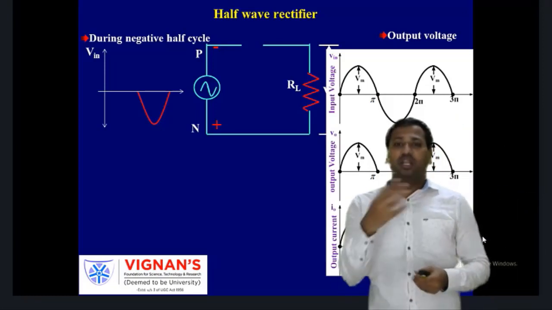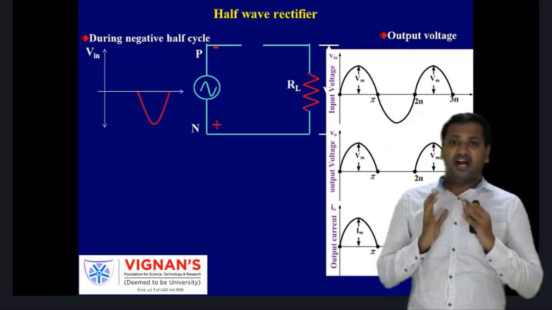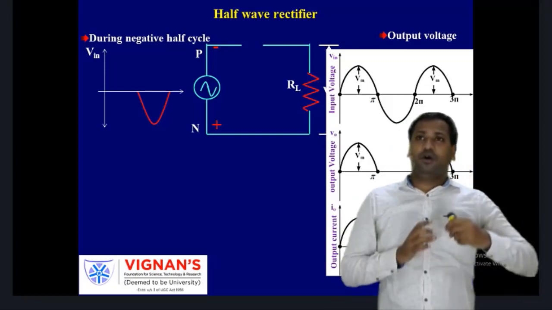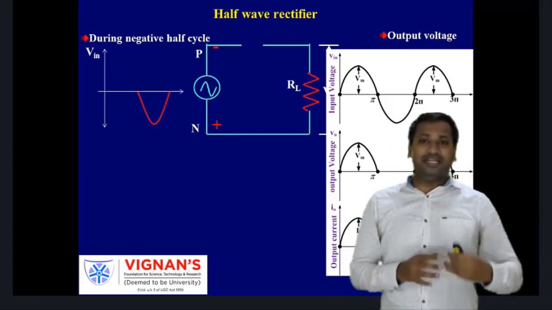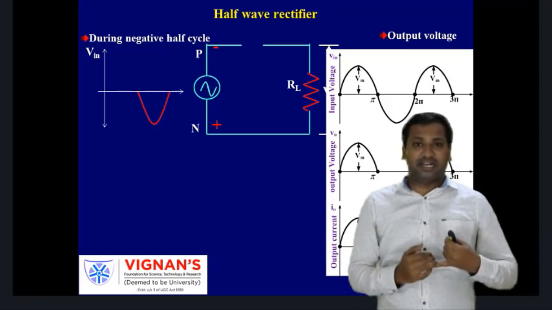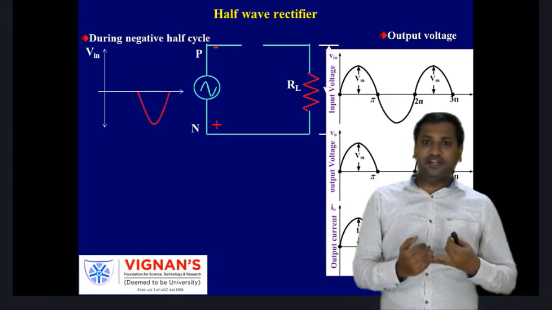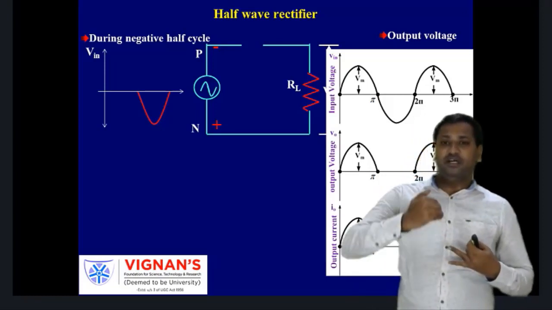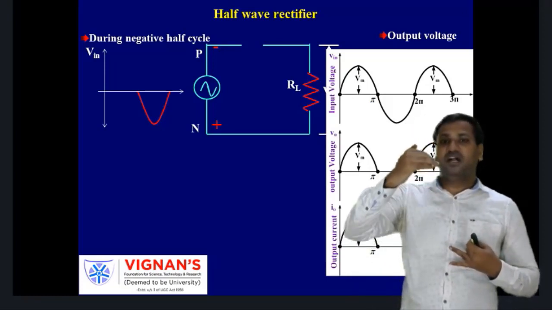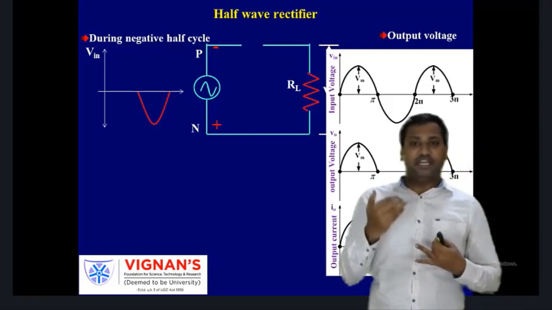So that is the whole operation of the half wave rectifier. Up to now, I think you are clear about the circuit diagram of the half wave rectifier, its operation, and in addition, the input and output waveforms of the rectifier.